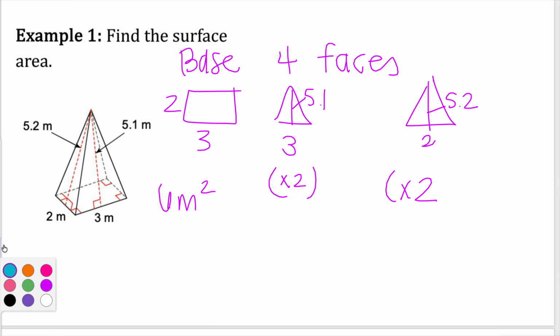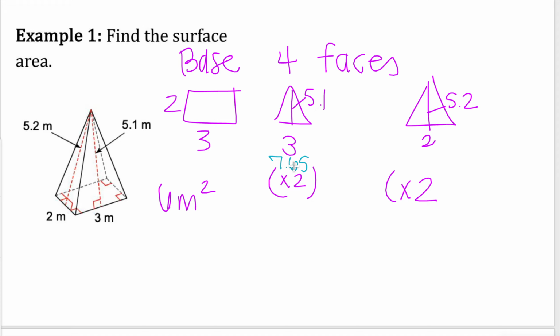The reason why I'm not using the formula for this one is because the lateral height is not the same for all the faces. That would only be for the lateral height being the same. So 3 times 5.1, and then dividing that by 2. We'll start there. 3 times 5.1 is 15.3, dividing by 2 is 7.65.